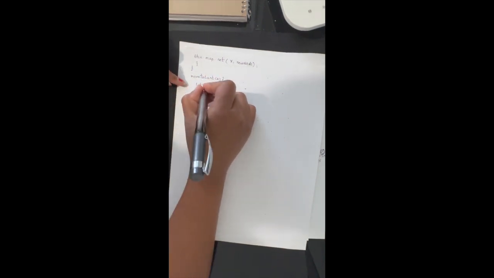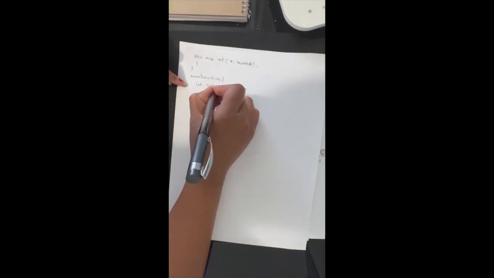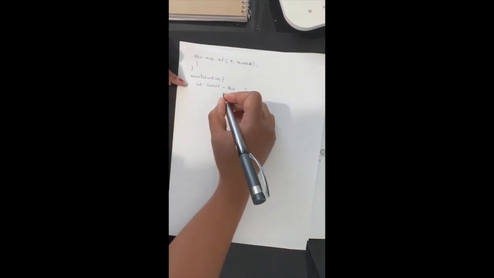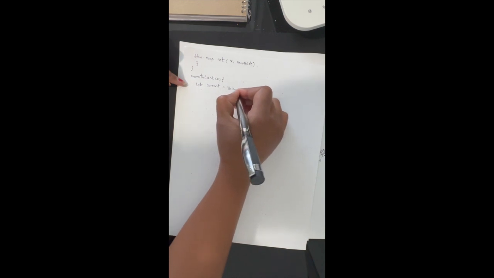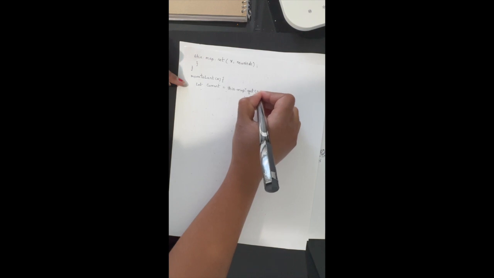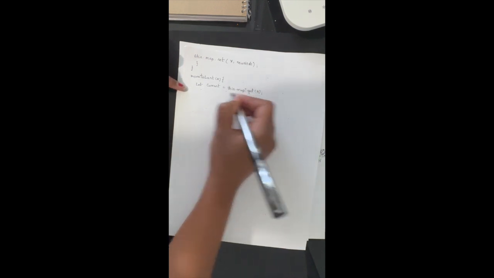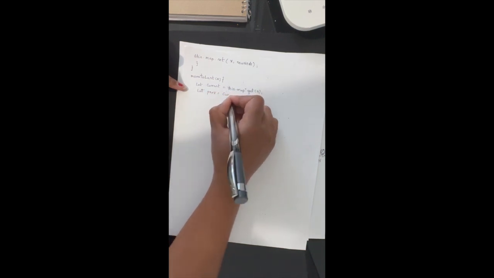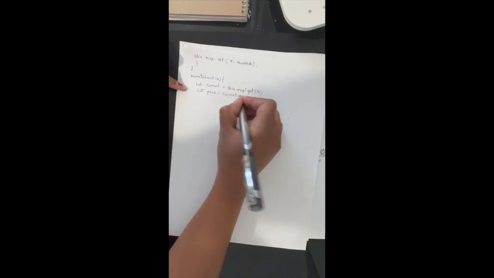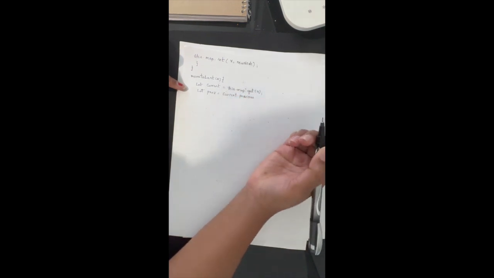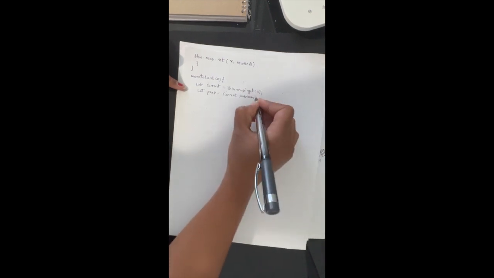So first, let current equal to, we'll store the address of that node in current, and we are going to get that from the map. In the prev variable, we are storing current dot previous, which means the previous node of that current node.